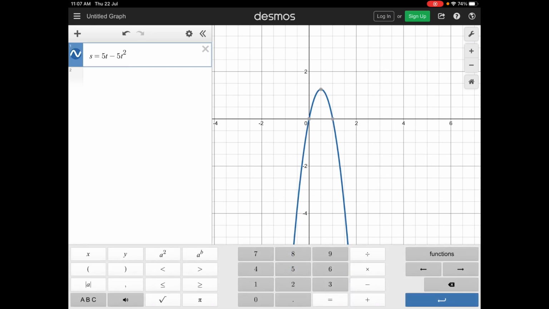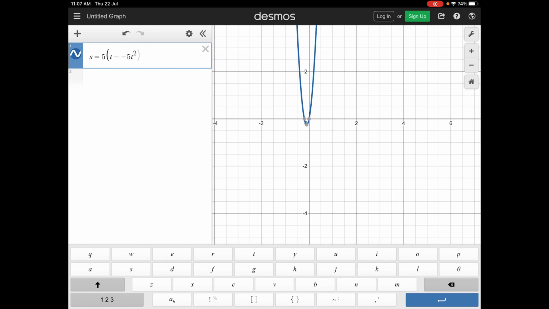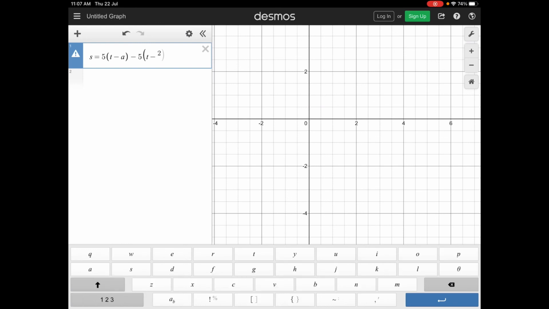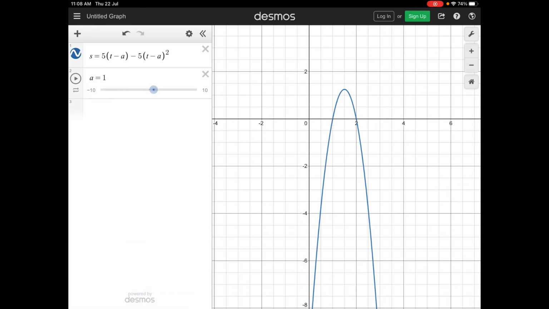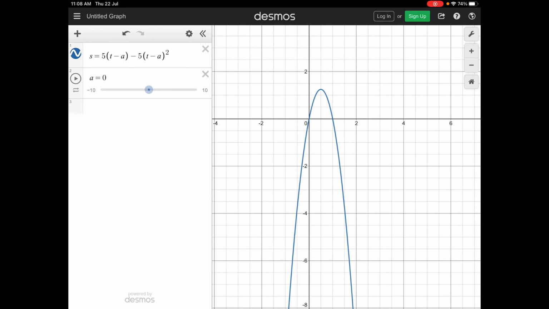And if you remember back to when we did translations, if we want to move a graph horizontally to the right, we can. I'm going to use the variable a just for now. It's going to be messy until I put the brackets in correctly. This is going to be minus a, all squared, and I'm going to add a slider, and I'm actually going to make that 0 for now. This is our starting location.